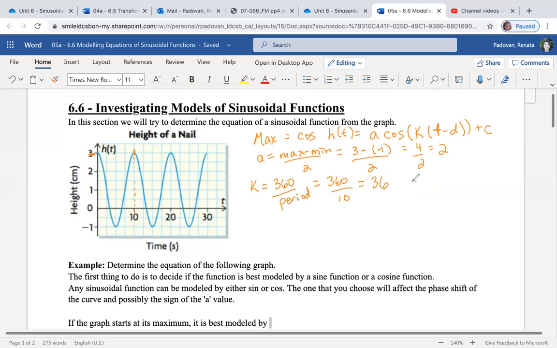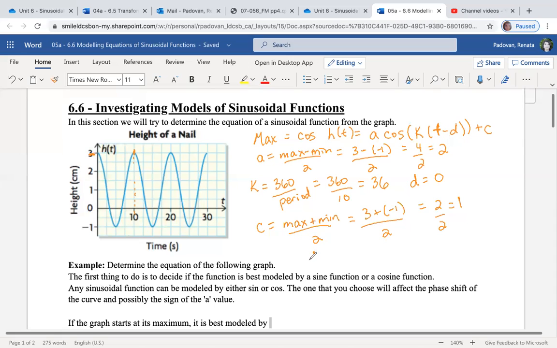Now my d here, my phase shift, that's if it doesn't start at a maximum or a minimum or along the equation of the axis here. So I don't have a phase shift here. So that's 0. And my c value, remember, is the equation of the axis. So max plus min divided by 2. So 3 plus -1 divided by 2. Well, 3 minus 1 is 2, divided by 2. So that would be 1. And then I go ahead and rewrite it into my formula.